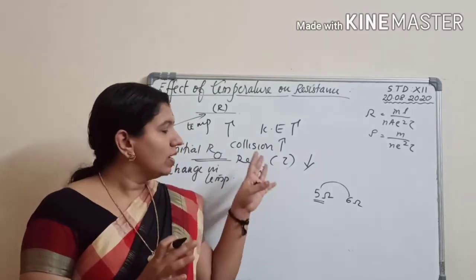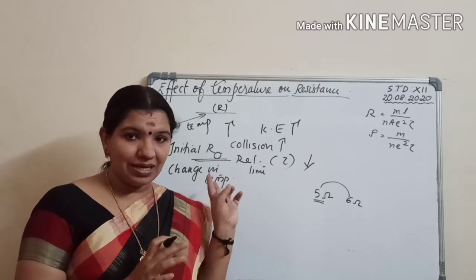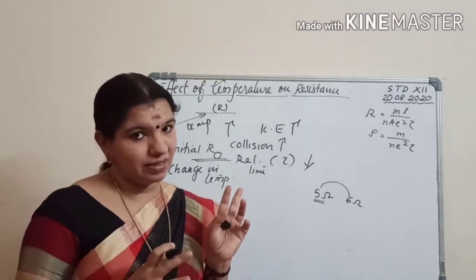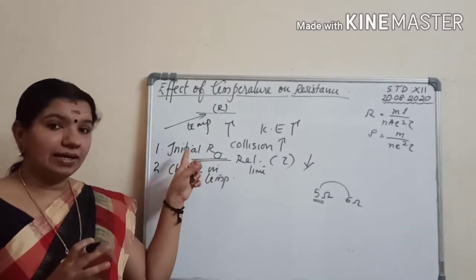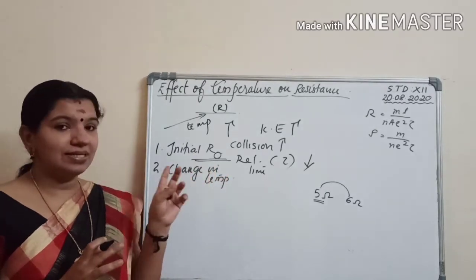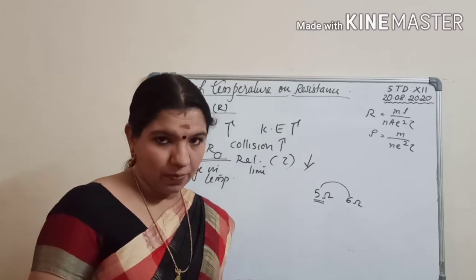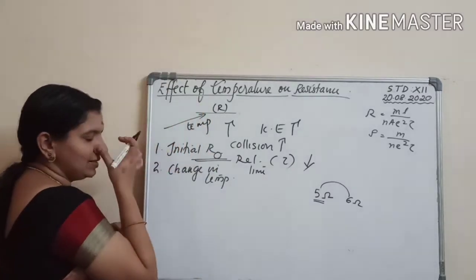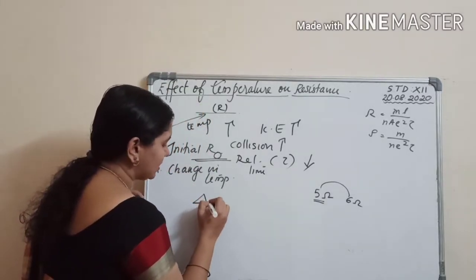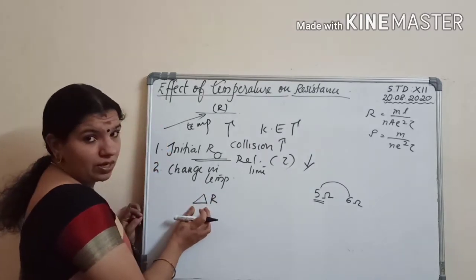So the two factors on which the change in resistance depends are the initial resistance and the change in temperature. With that, I can frame an equation. Look here. The change in resistance can be denoted as delta R. Delta denotes what? Change.